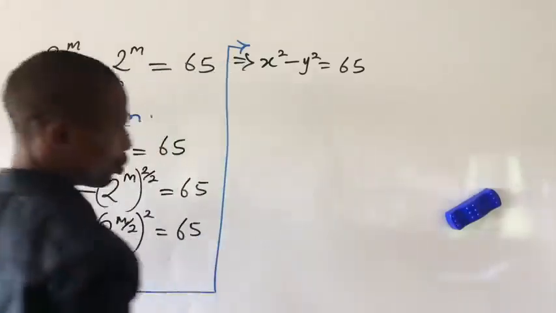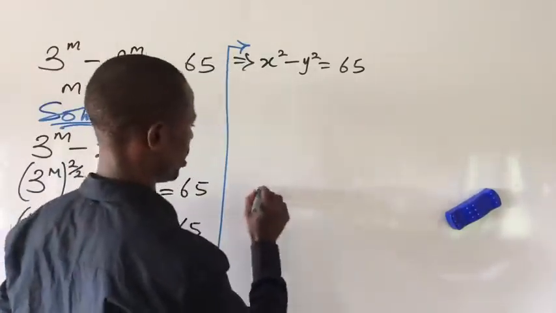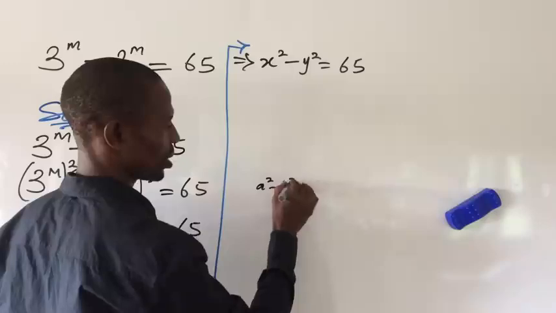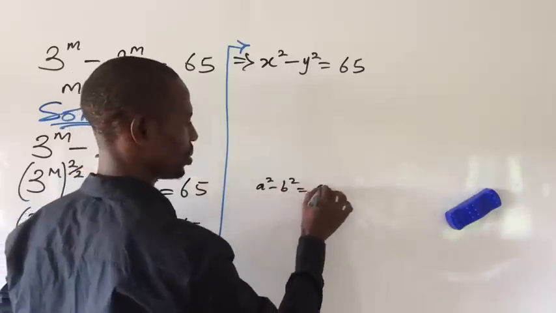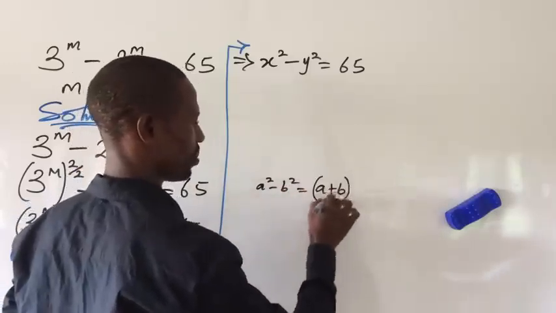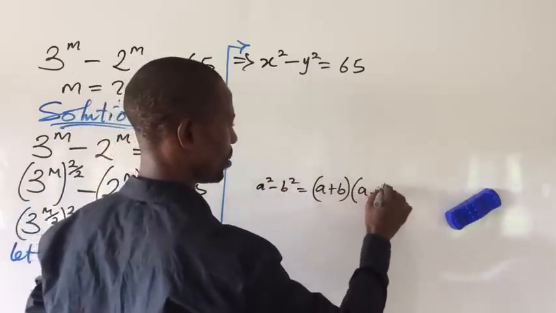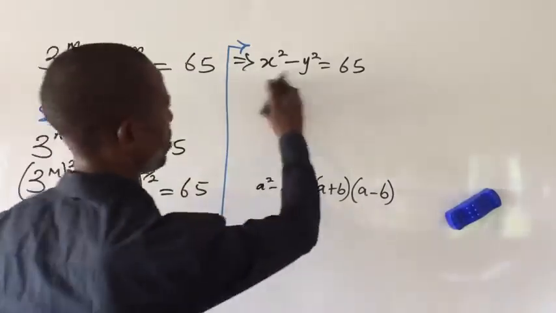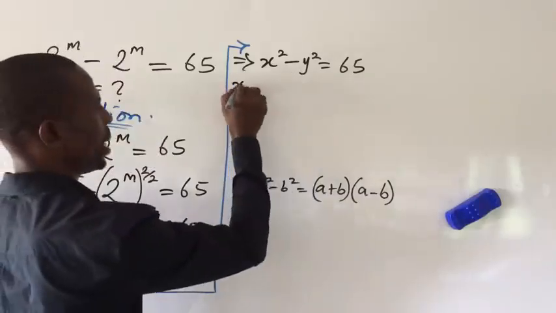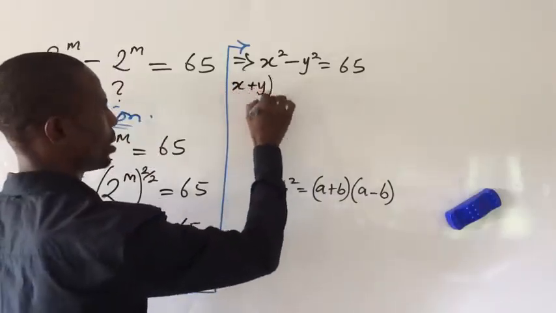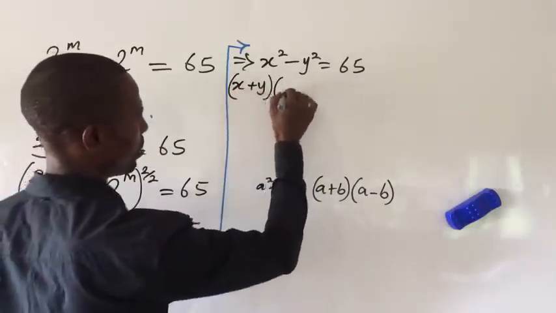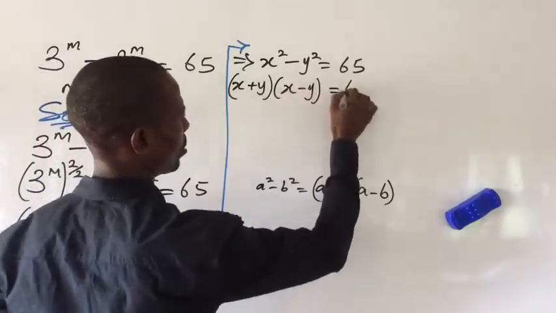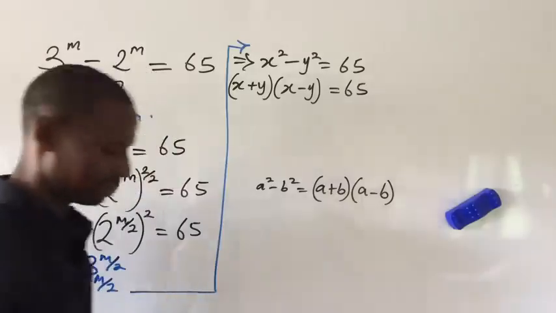The difference of two squares says that if you have a squared minus b squared, this is equal to (a plus b)(a minus b). So if we apply this rule, then we can rewrite this as (x plus y)(x minus y) equal to 65.